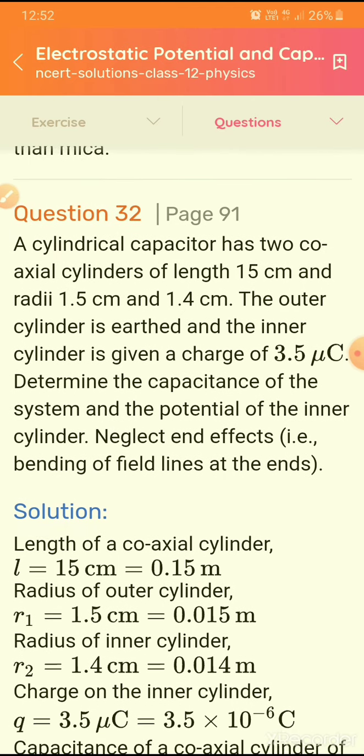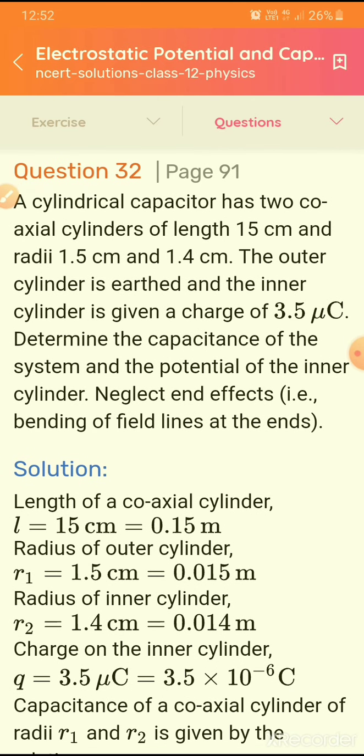Then we can go for the 32nd sum. A cylindrical capacitor has two coaxial cylinders of length 15 centimeter, and the radii are 1.5 centimeter and 1.4 centimeter.